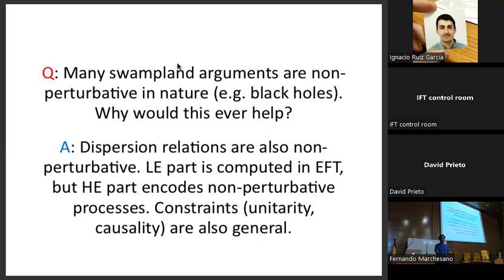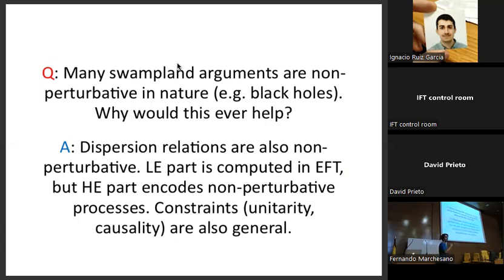There's some piece of the dispersion relation that can be computed reliably using an effective field theory, but the dispersion relation is a sum rule that relates things at low energies with things at high energies, and that high energy contribution contains everything, like black hole production, like your favorite non-perturbative process is going to be part of that.